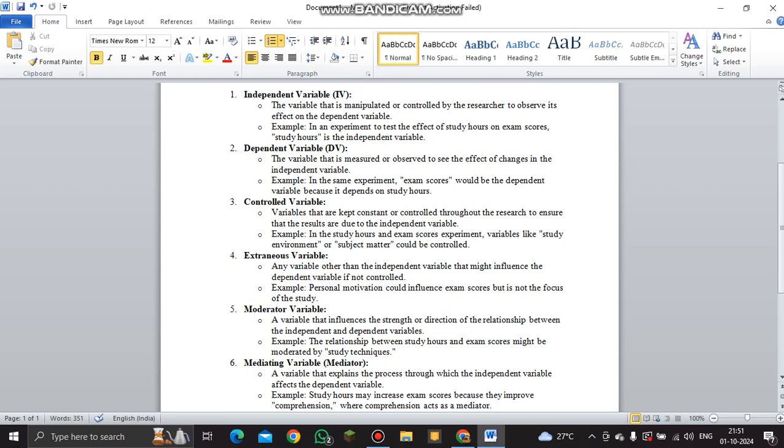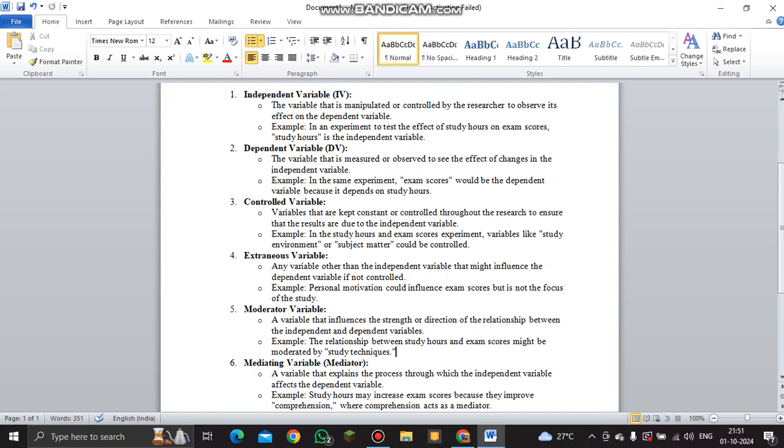Got that friends? Okay, moderator variable: a variable that influences the strength or direction of the relationship between the dependent and independent variable. So for example, the relationship between study hours and exam scores might be moderated by study techniques.